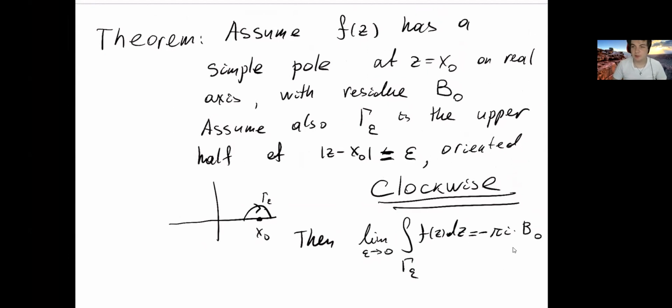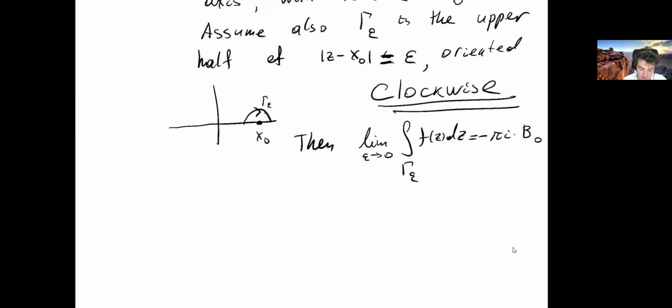So here's the whole statement. And I don't want to prove it, but I want to explain why it is trustworthy. Because we know that if we went the full circle around x0, and this circle was oriented decently, which is counterclockwise, then the answer would be 2 pi I times the residue.